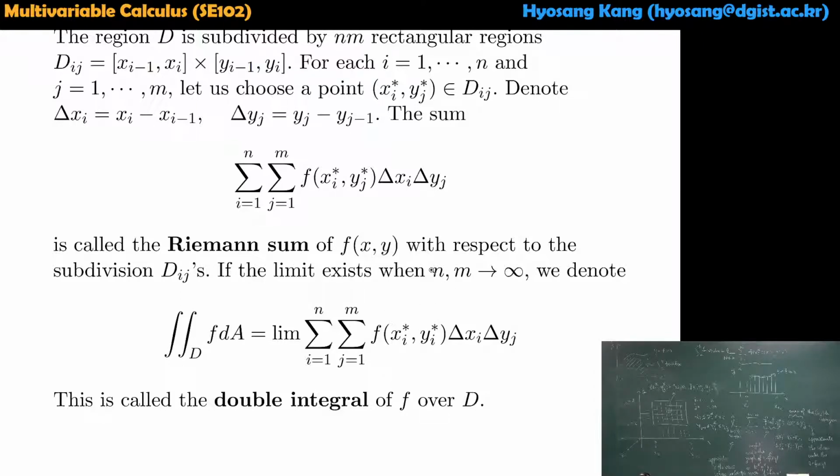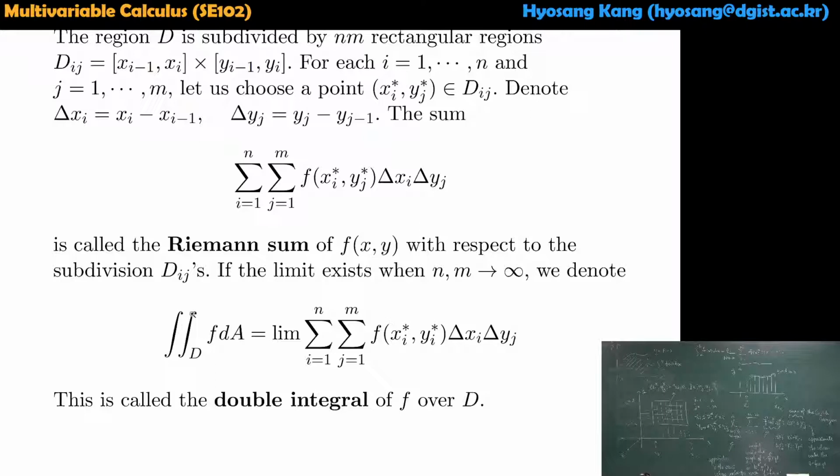And if I take the number of subintervals to infinity, then this limit is called the double integral of this two variable function f over the rectangular region D. So the entire symbol on the left hand side is the notation meaning that it's a limit of this Riemann sum.